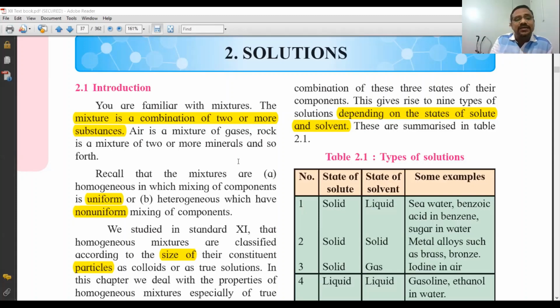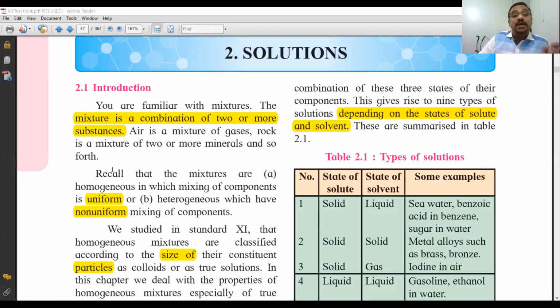Which is the second classification of mixture? It is the heterogeneous one. What are their qualities? Here it is given. Heterogeneous mixtures form non-uniform mixing. So there are three qualities for the heterogeneous mixture. They have non-homogeneous mixing.